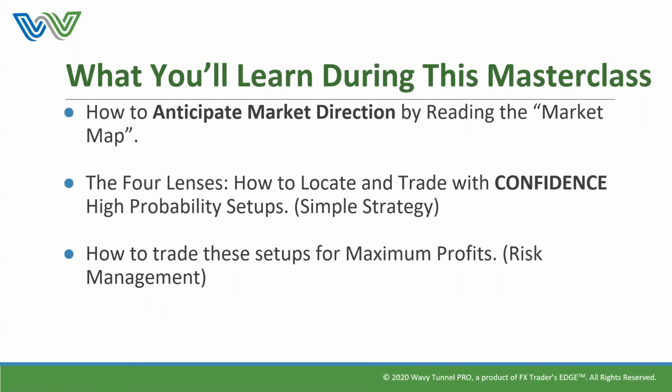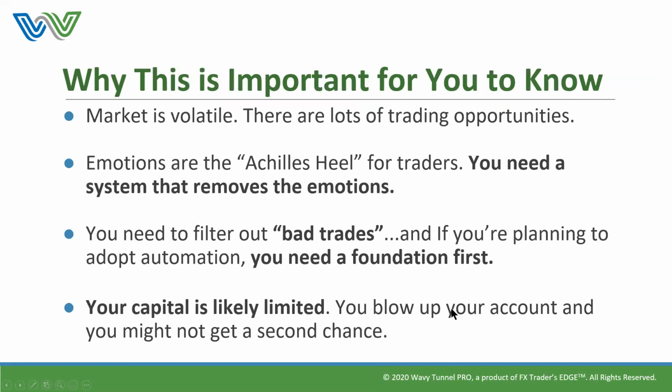But this 4 lenses approach will show you how to get into the market once the market starts to turn. So the Elliott wave analysis will be your roadmap, and then you will use an approach to enter your trades, to trigger your trades, because that's what we are. We are traders, so we need to have a way to do that. And then how to trade these setups for maximum profits using risk management.